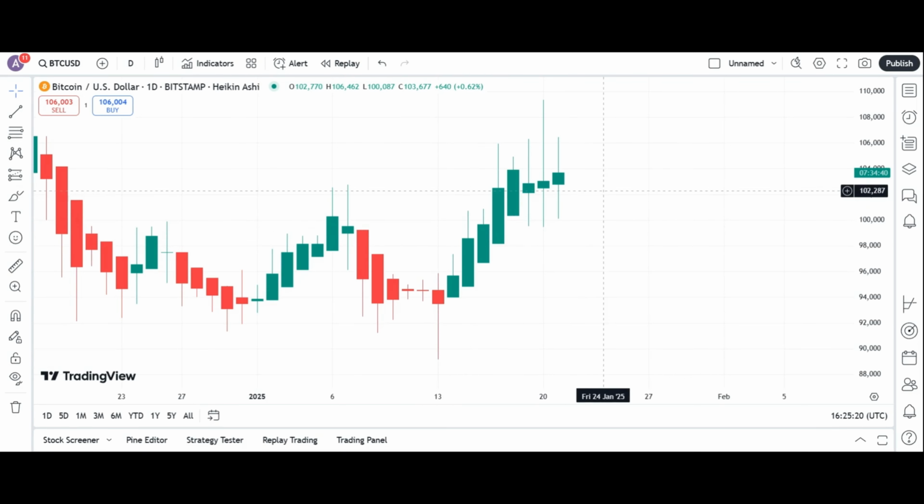At this position, buyers and sellers are not stronger than each other, and we should wait for the next candle to decide about the market's next move.